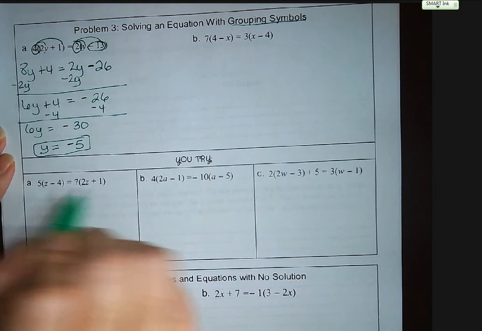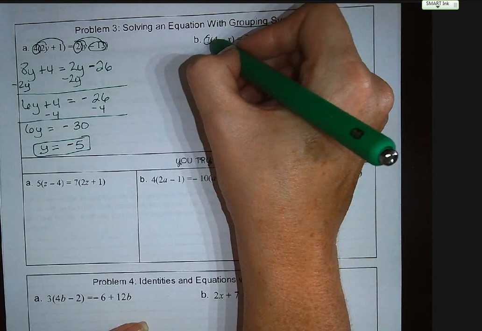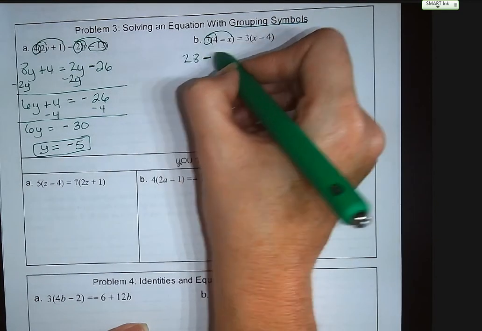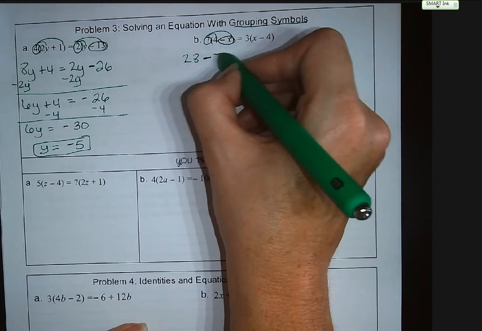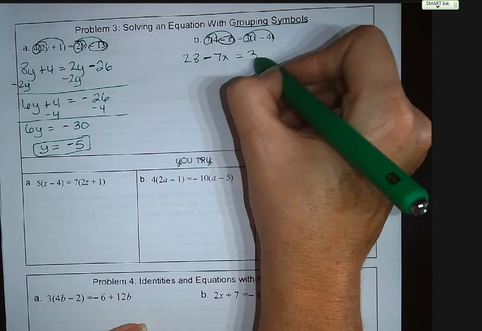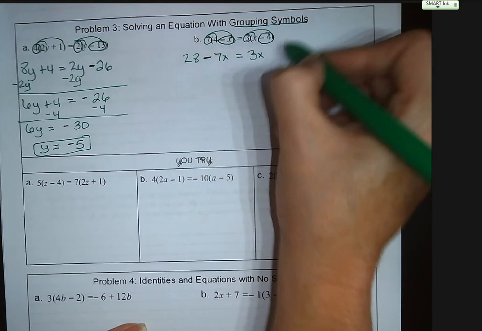All right, letter B. Distribute 7 to both sides. You got 28 minus 7x is equal to 3x minus 12.